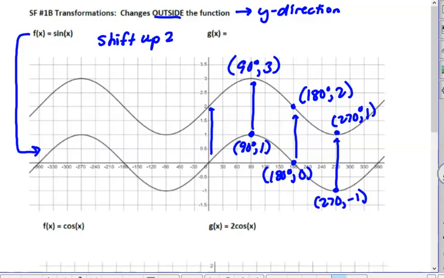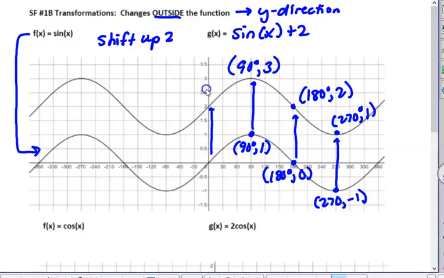So to shift every point up 2 units, we just take the sine graph and we just add 2. So you put in your value for x, you find your value for y, and then you add 2 to that number. So this is a transformation that is just merely adding to the function. Now, what I want you to notice is which of those 4 characteristics has changed.